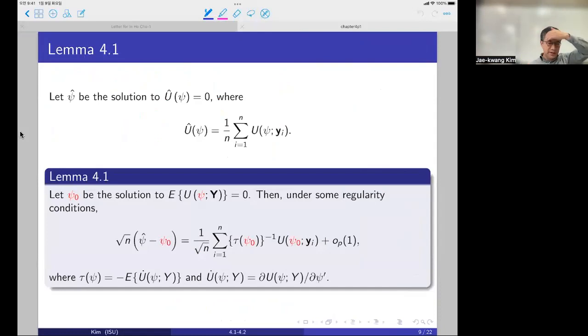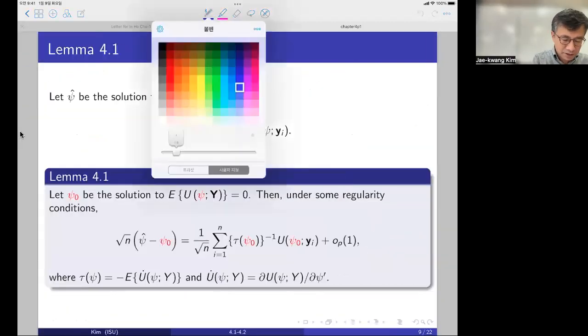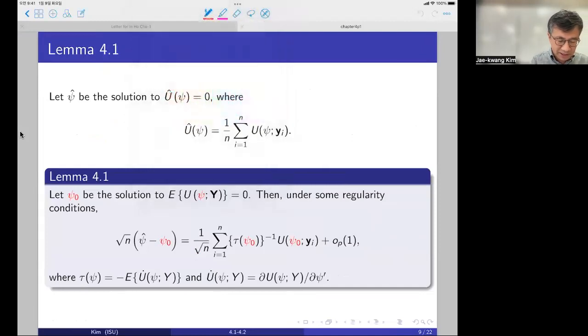Now we have a first result on the solution to the estimating function. This is the estimating equation. Suppose we have a solution, and we need some conditions, such as uniqueness of the solution. Let's forget about the technical details and say that we have a very nice function.